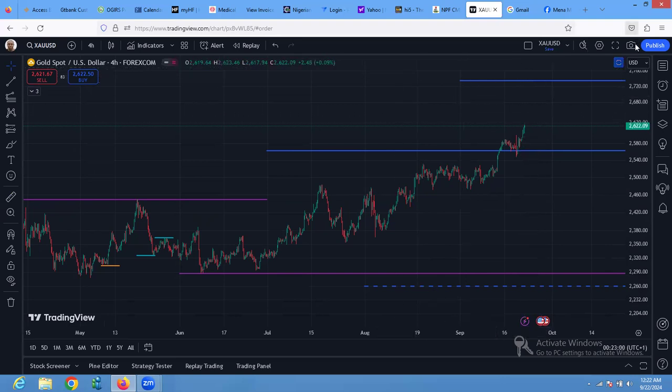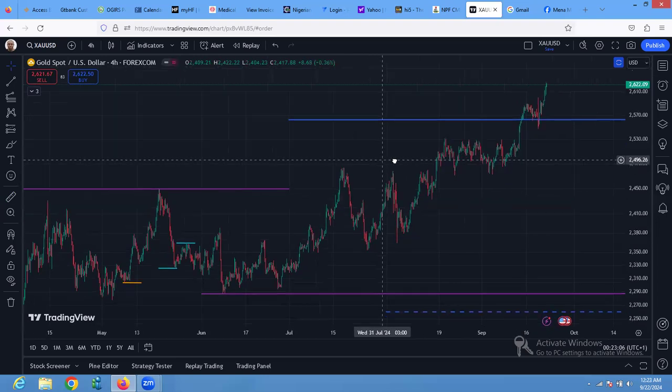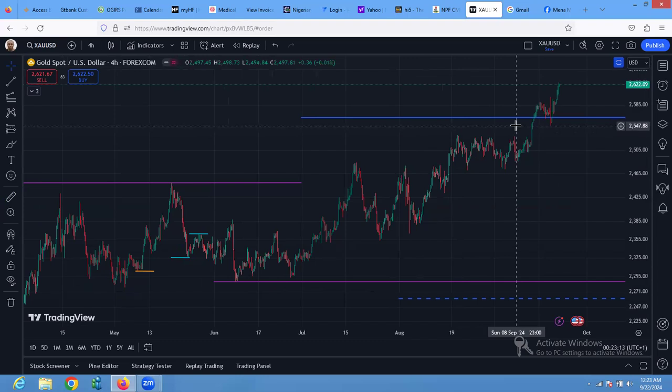So that's what we can see on gold. We are seeing a buy on gold. Don't want to sell gold now. And there's no clear indication that gold will be coming here next.